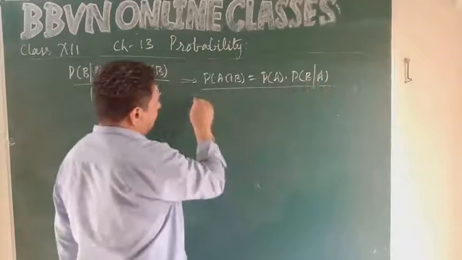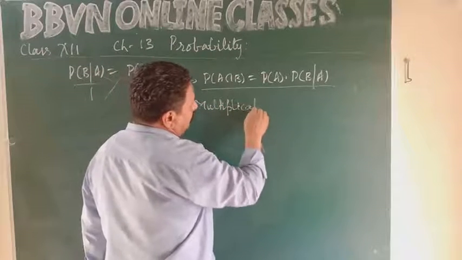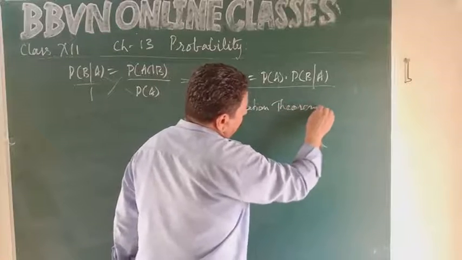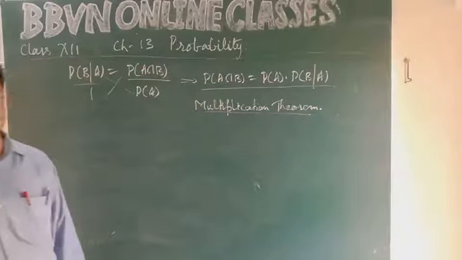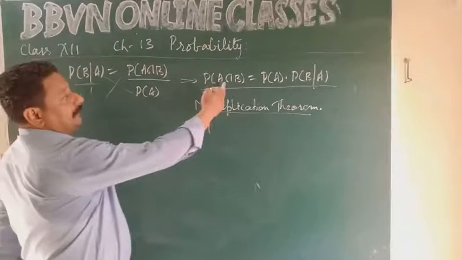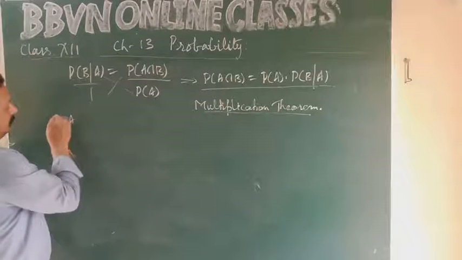This is the multiplication theorem. The first theorem that you have, multiplication theorem. Okay. Now, what do you mean by A intersection B?